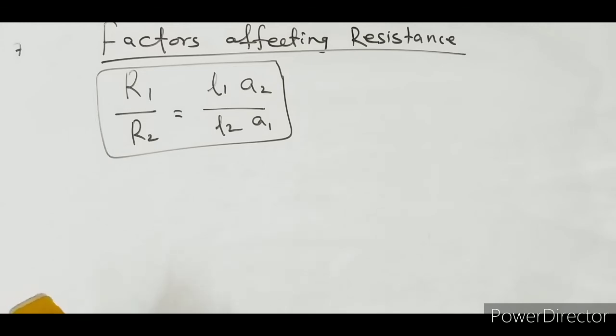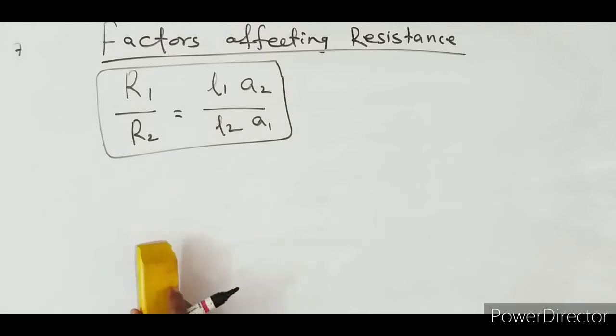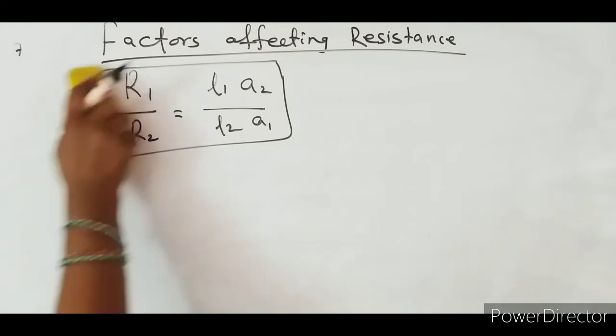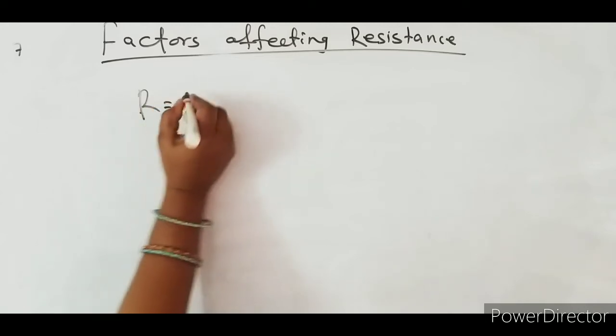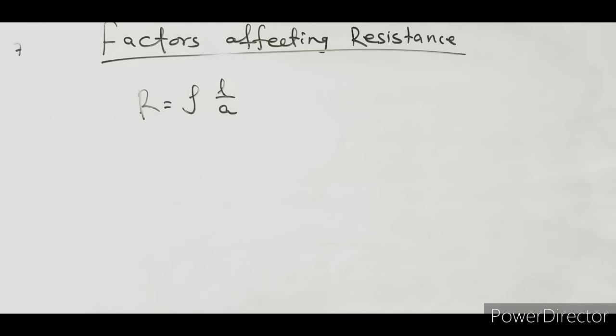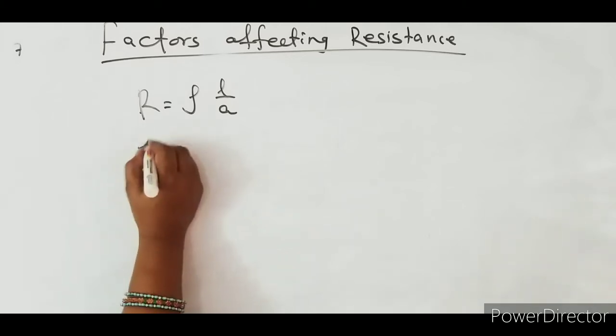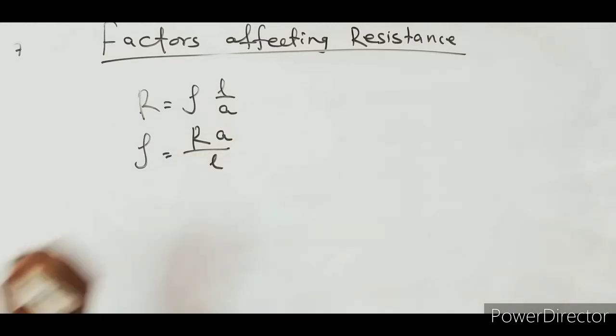Then we have discussed these factors, and we got one thing that will be only specific resistance. From R equal to rho L by A, we get rho equal to R A by L.